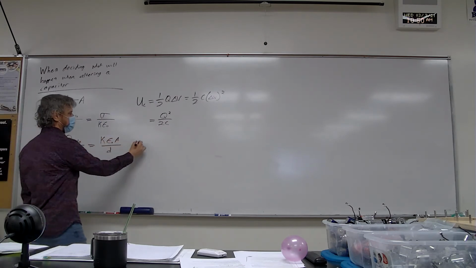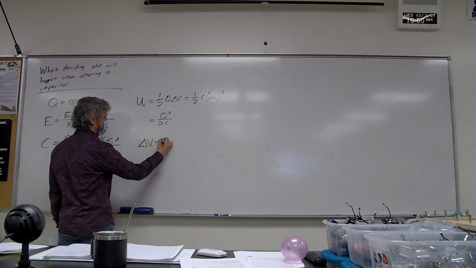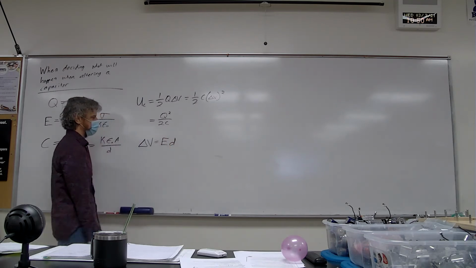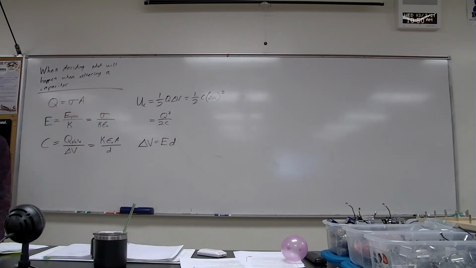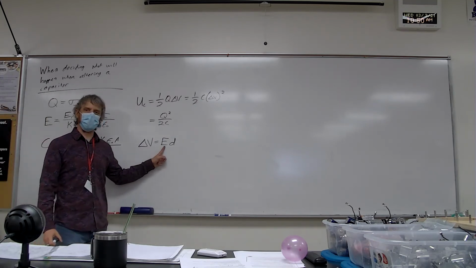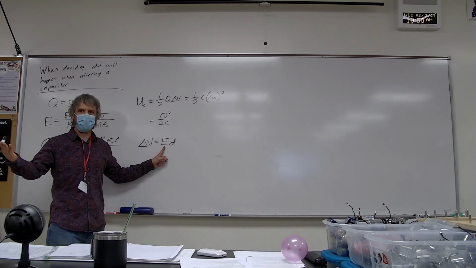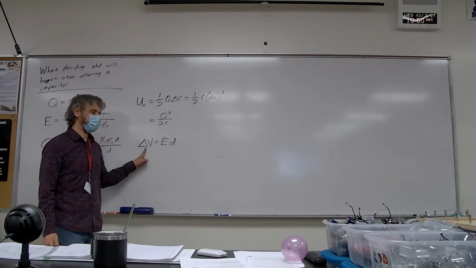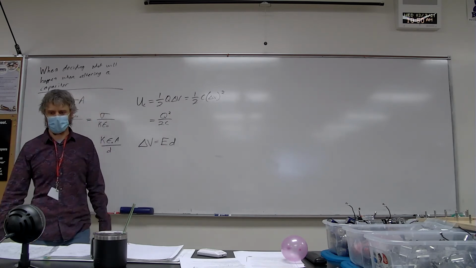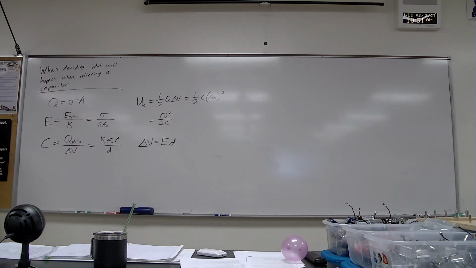And then our good friend, which hopefully you have ingrained in your brain: for a parallel plate capacitor, potential difference is electric field times the distance between the capacitor plates. If I have a dielectric in there, I get a new electric field that's reduced by a factor kappa, and so the potential difference is also reduced by a factor of kappa. So these are the equations you should have swimming around in your brain when you have questions about what happens to a capacitor when you do this or that.